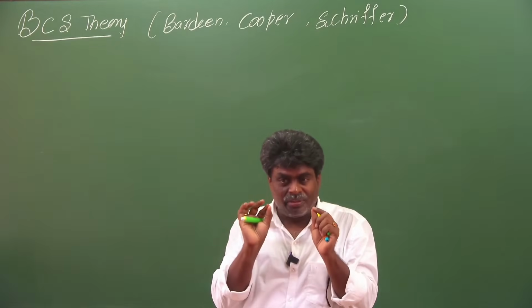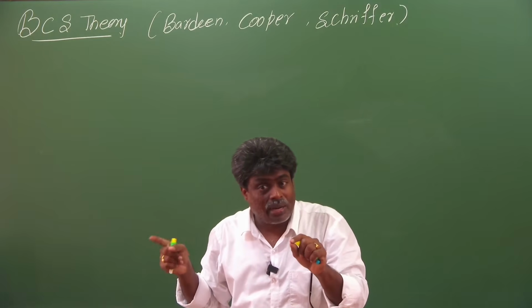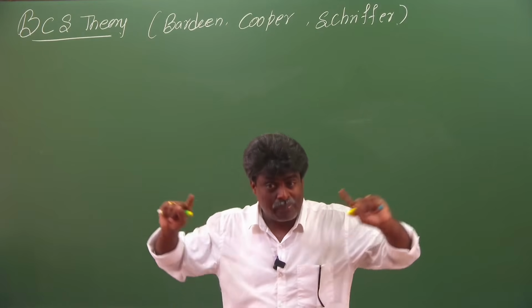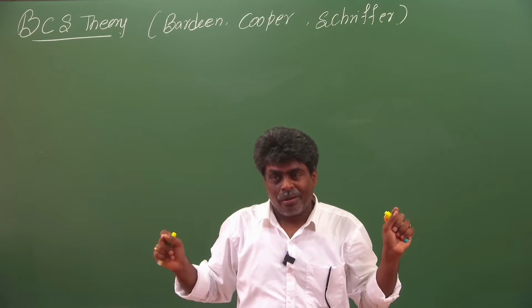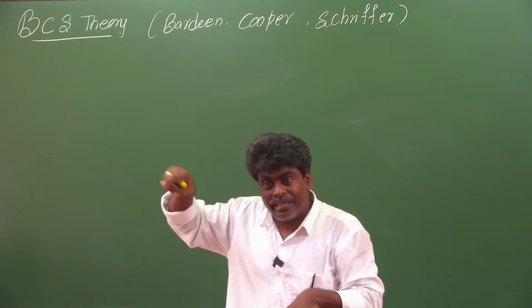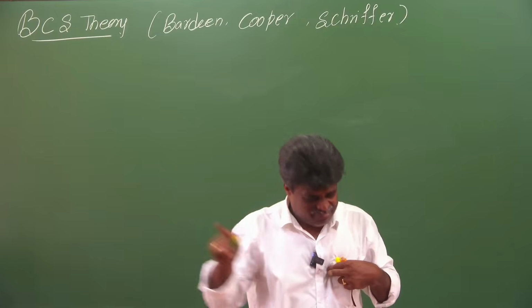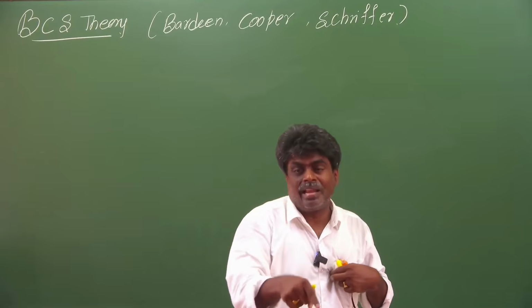If you observe carefully, that electron and this electron both have what kind of Coulombic force? Repulsive Coulombic force. But in this lattice, what is happening? That first electron is disturbing the lattice. How?